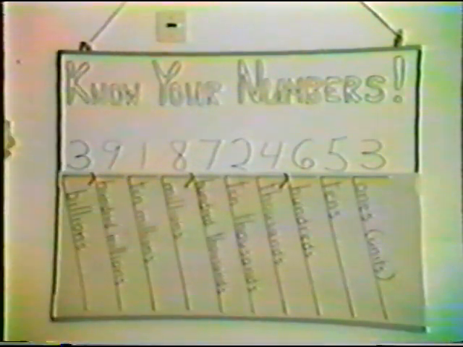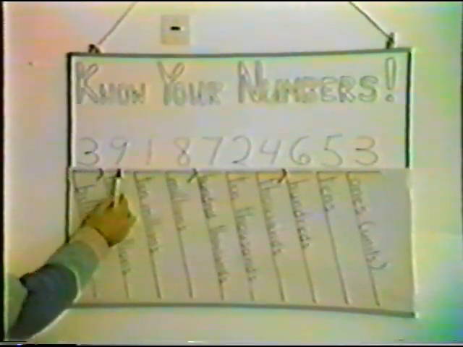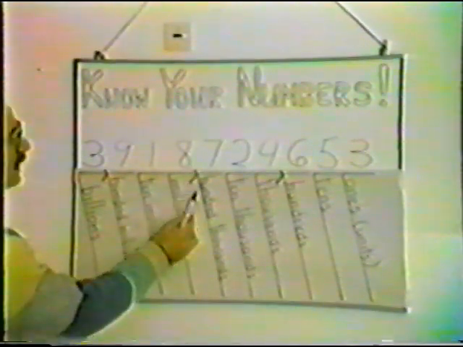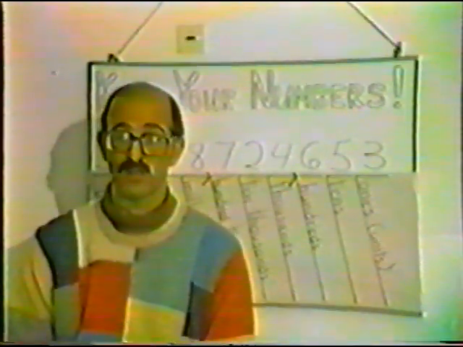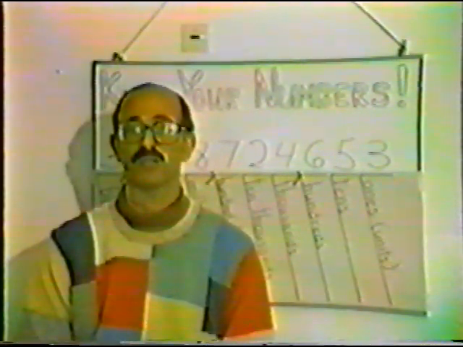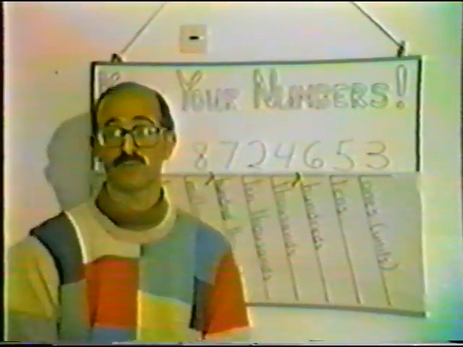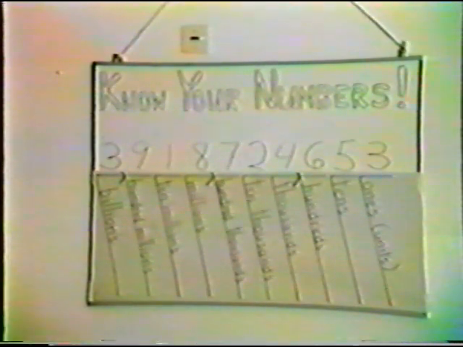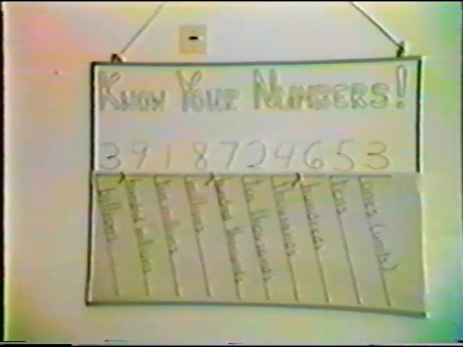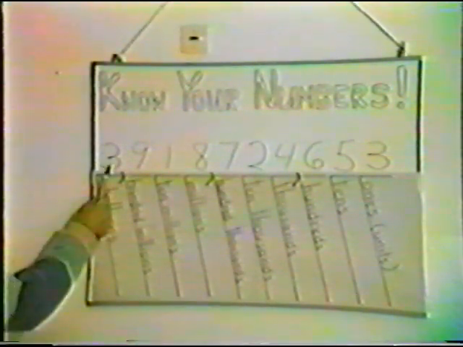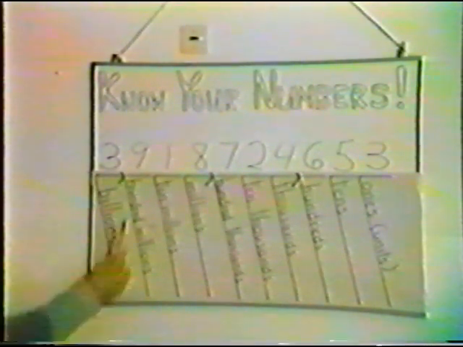They would say 3,918 million, and then continue to read the rest of the number. But most countries do it like this, and we're going to say the word billion. 3 billion. Read the rest of the number again.